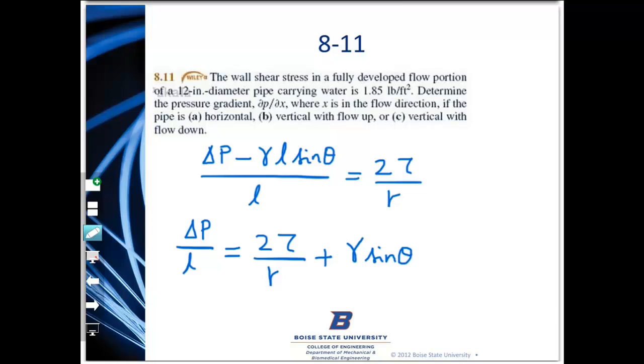Okay, so I've just simplified it, so I get delta P over L, and you can see that this is nothing but dou P dou X. It's change in pressure over change in X. In this case it will be just L, and this is what we are after.